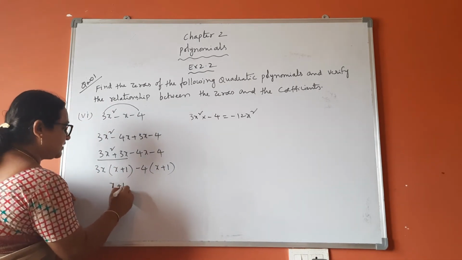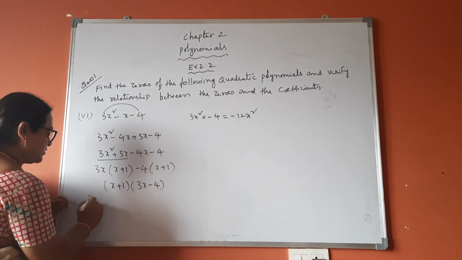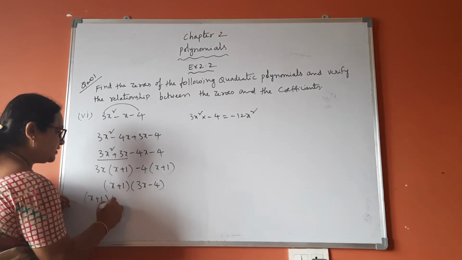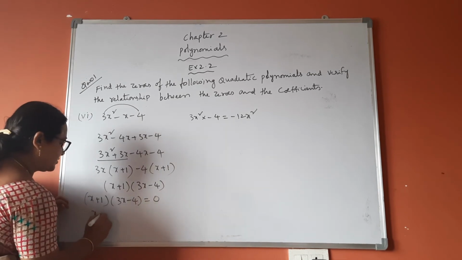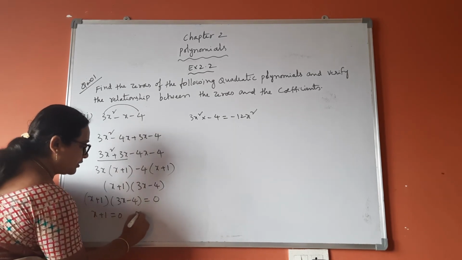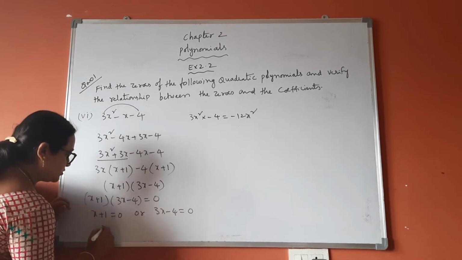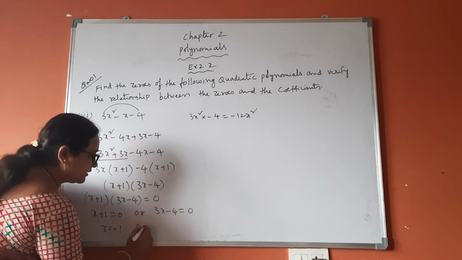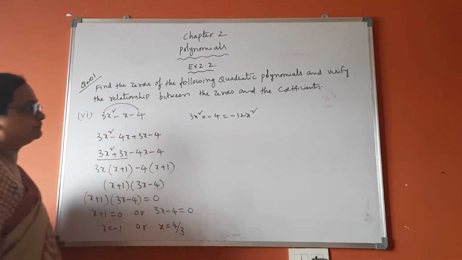Now x plus 1 is again a common factor, 3x minus 4. So for zeros, we equate this to 0. So x plus 1 is equal to 0 or 3x minus 4 is equal to 0. So x is equal to minus 1 or x is equal to 4 by 3.